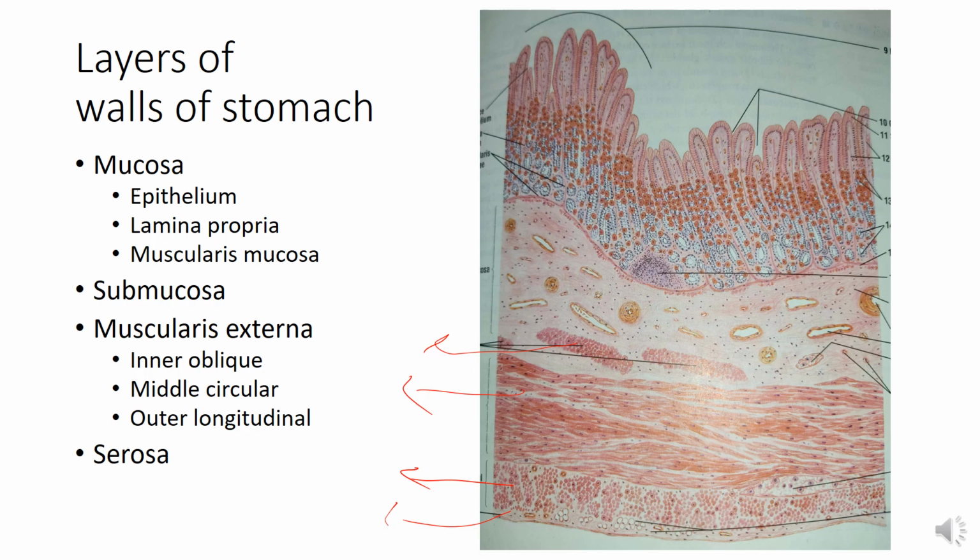Now the mucosa is the region where the gastric glands lie in the lamina propria. In the lamina propria of the mucosa of the stomach lies the gastric glands. Here you can see the lamina propria is full of the gastric glands.